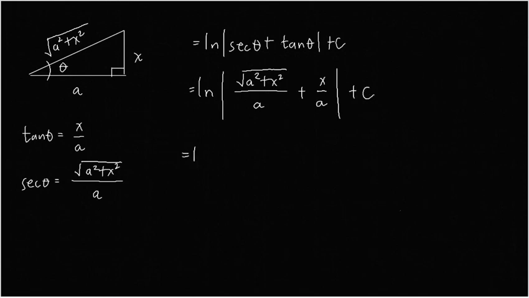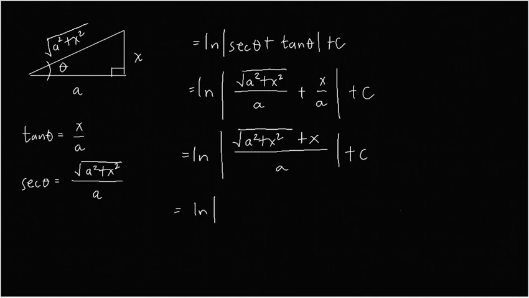Since they share the same denominator, we can say that this is the natural logarithm of the square root of a squared plus x squared plus x all over a. And again, applying laws of logarithm, so we have what? The natural logarithm of the square root of a squared plus x squared plus x minus the natural logarithm of a plus c.